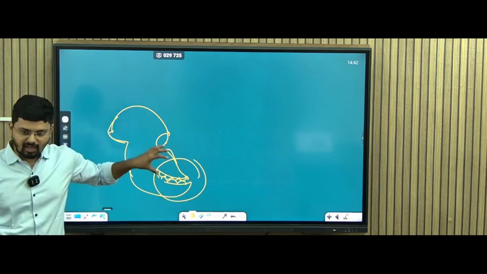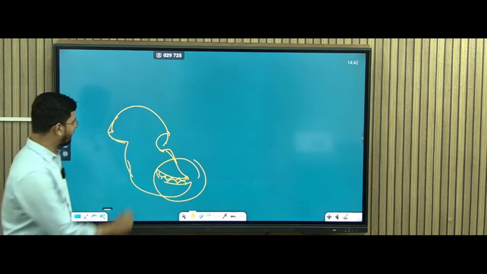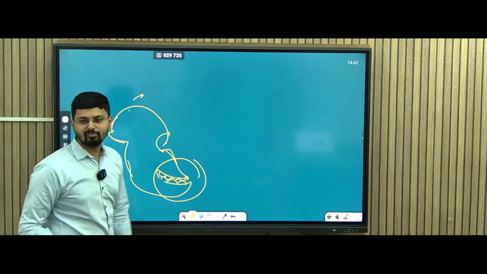This prognathus has to be shown. At the same time, this roundedness has to be shown.